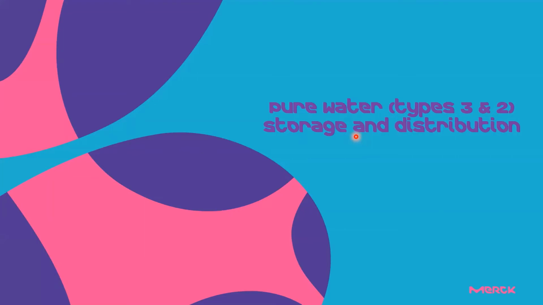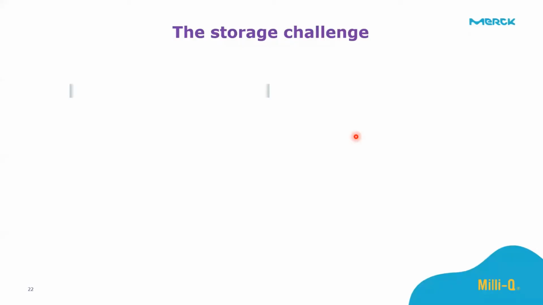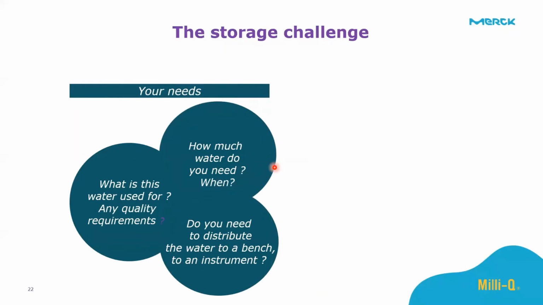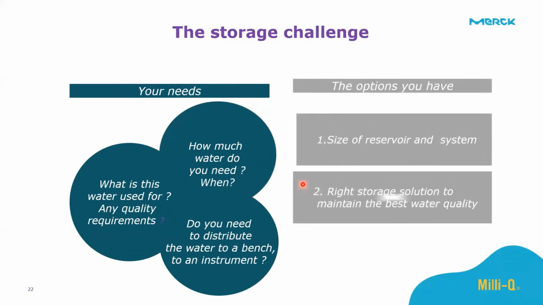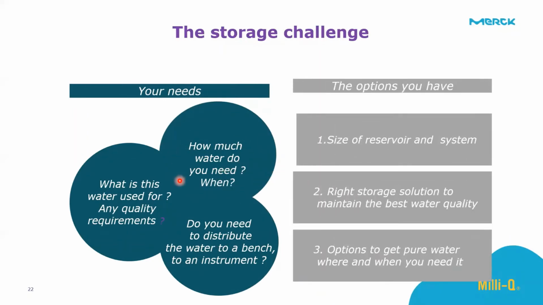When it comes to type 2 and type 3, this water can be stored, because it's needed either to be polished to type 1 or to be distributed to washing machines and so on. So mainly you will have all these needs. The needs here are the quantity of the water, the quality that needs to be maintained, and also where you need this type 2 or type 3.